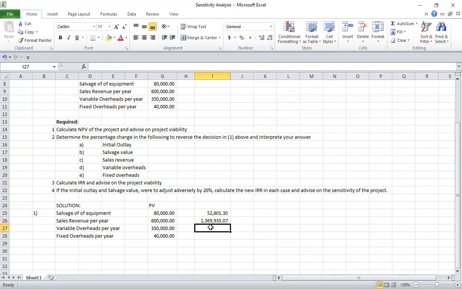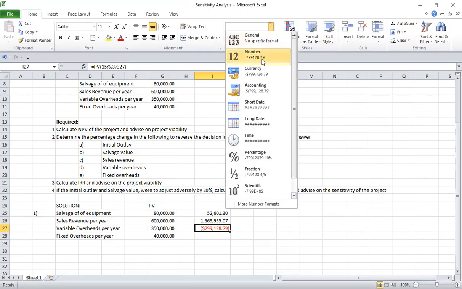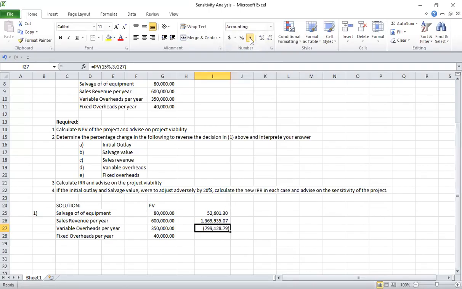And this one is equal to PV, rate is 15% still, 3, comma this. These ones we now want as a negative, and so I will let them remain negatives. The same formula applied to that.